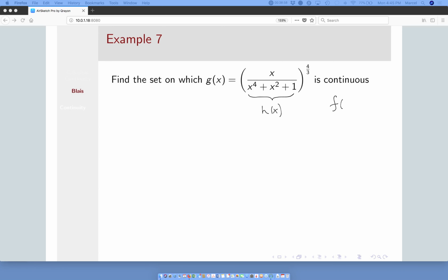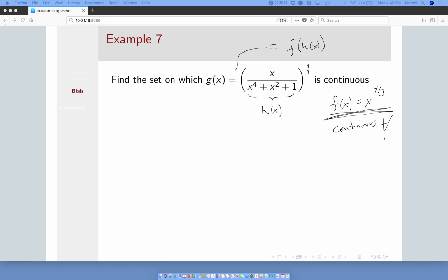And then f of x, the outer function, would be x to the 4/3. So this g of x is equal to f of h of x. Now the outer function, this is continuous for all x.